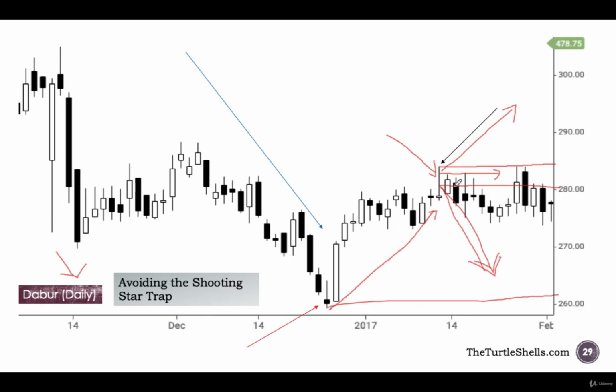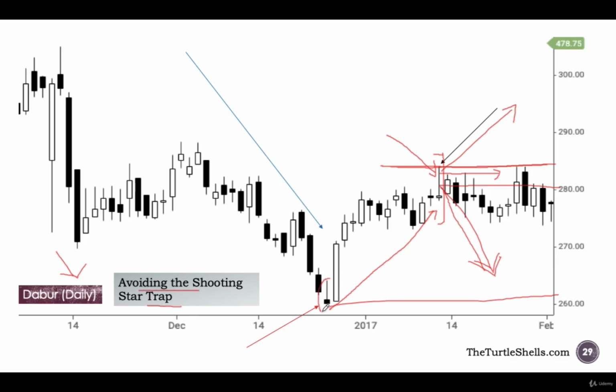In hindsight, if I don't have these candles, if the market has just closed here, I would call it a shooting star. But when I look back, yes, this resistance has held. So when we call it a shooting star, that's the correct way of looking at candles because it is coming after an uptrend. It satisfies all the conditions of being a shooting star. Okay, so the moral of the story is: avoid the shooting star trap.